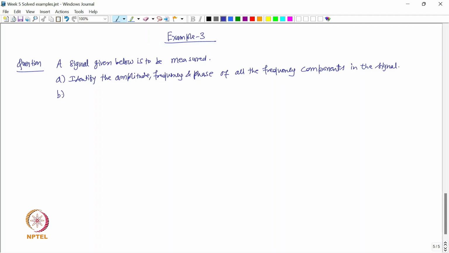And then part B of the question is, choose a suitable sampling frequency for measurement, right. So, let us solve this problem now.